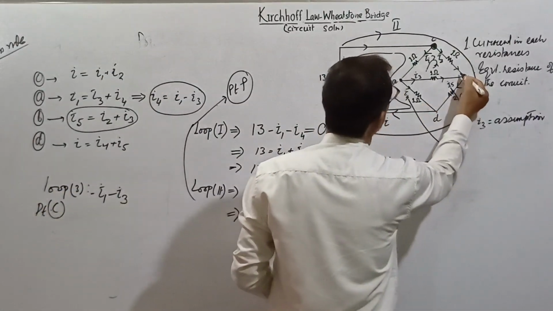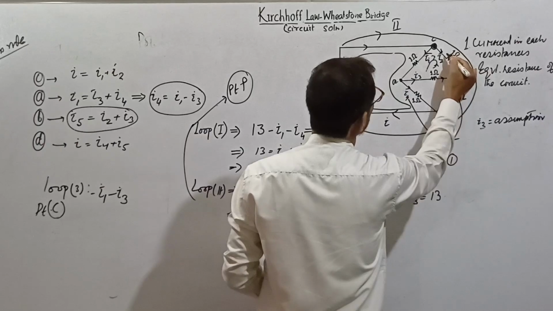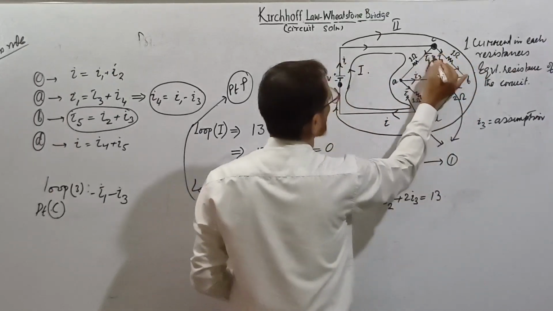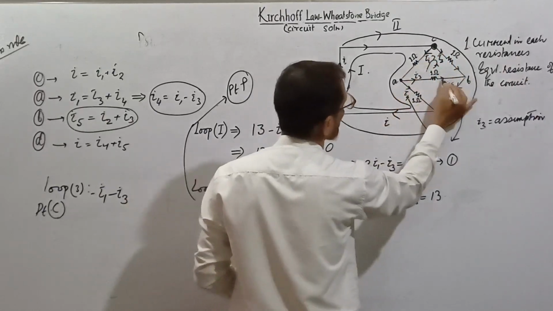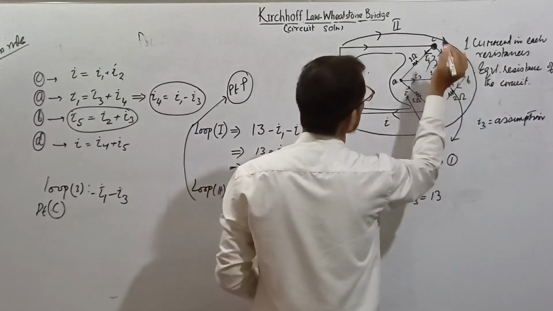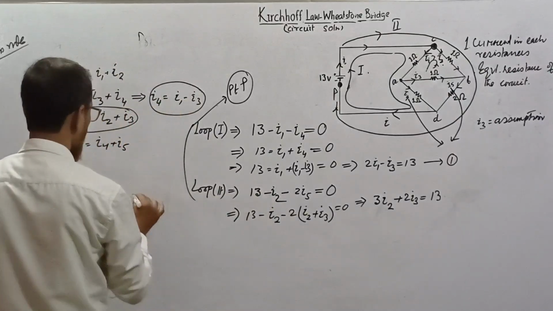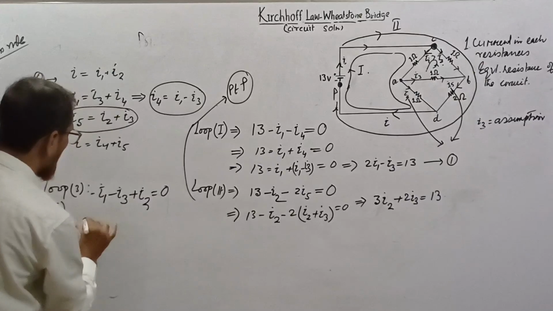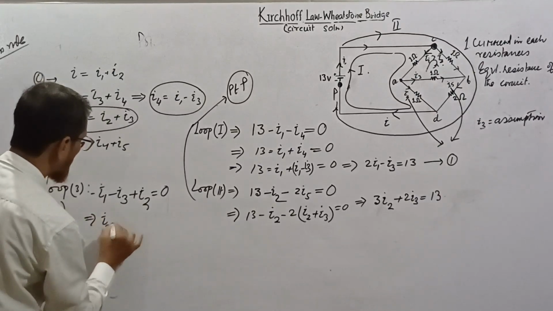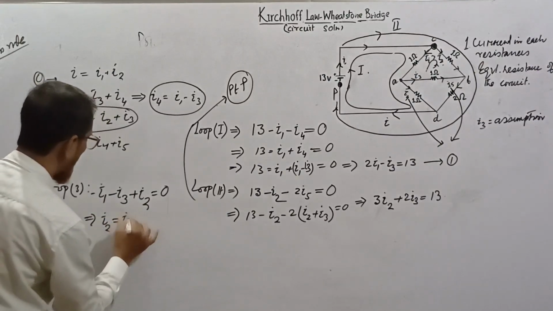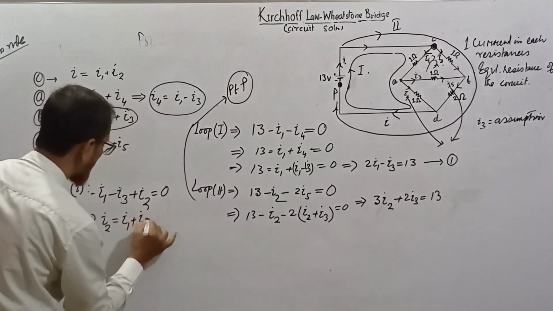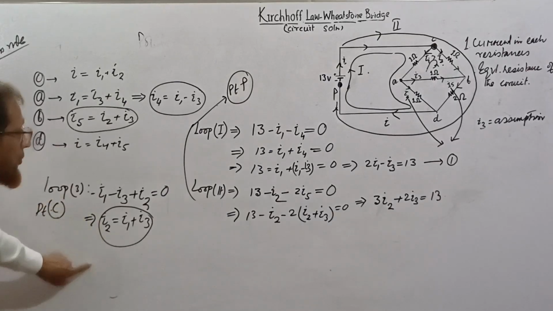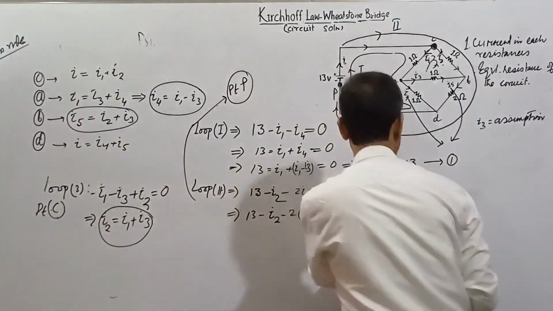This is entering in the opposite direction, the current coming in this direction and going to this direction. Am I right? So with respect to this, plus I2 into 1. Here you get I2 is equal to I1 plus I3. I am encircling this because I will apply this third rule here.